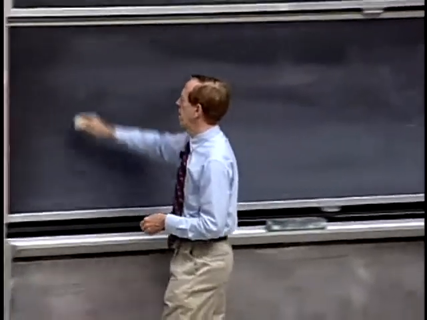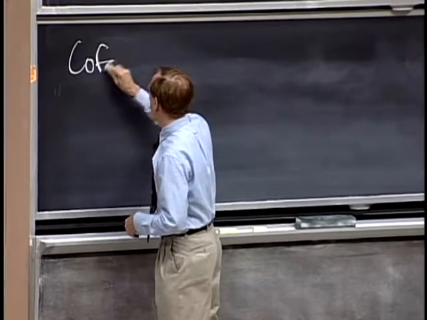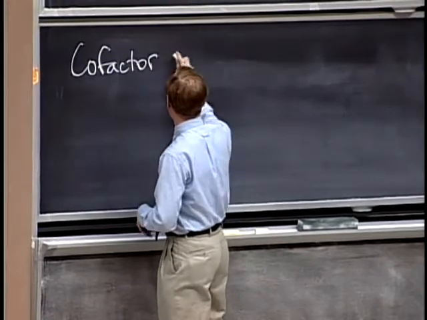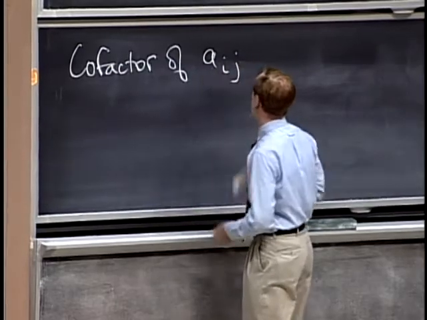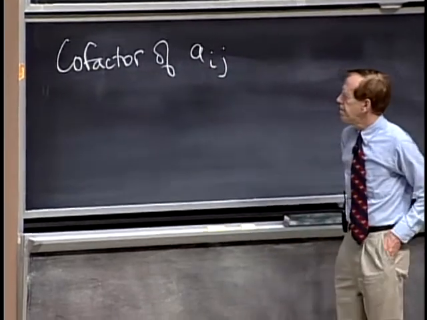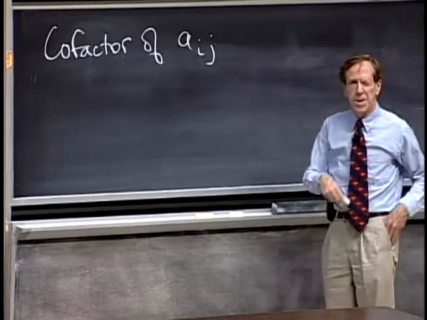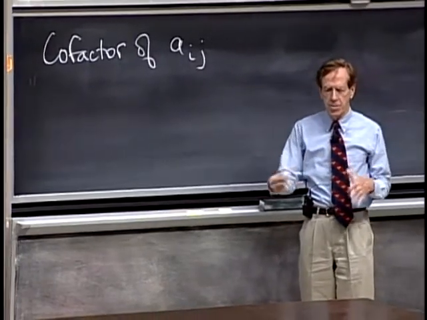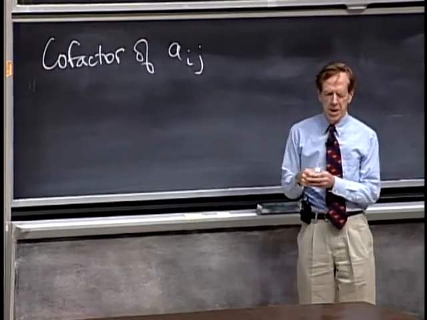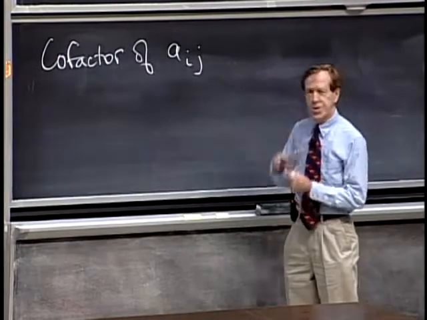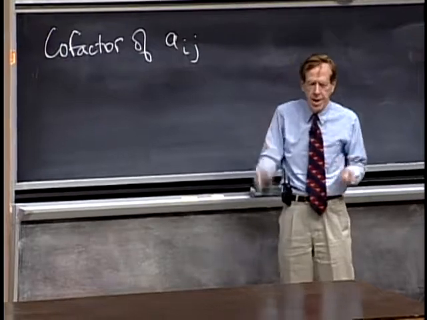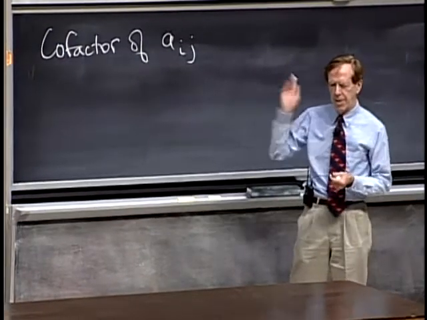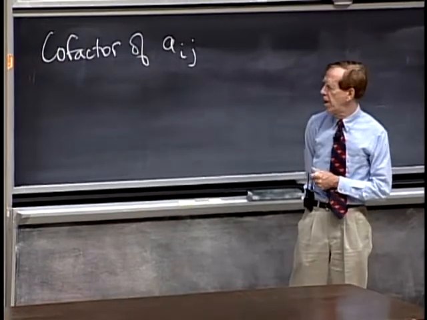The cofactor of any number Aij, let's say, is all the terms in the big formula that involve Aij. We're especially interested in A1j, the first row. That's what I've been talking about. But any row would be all right.